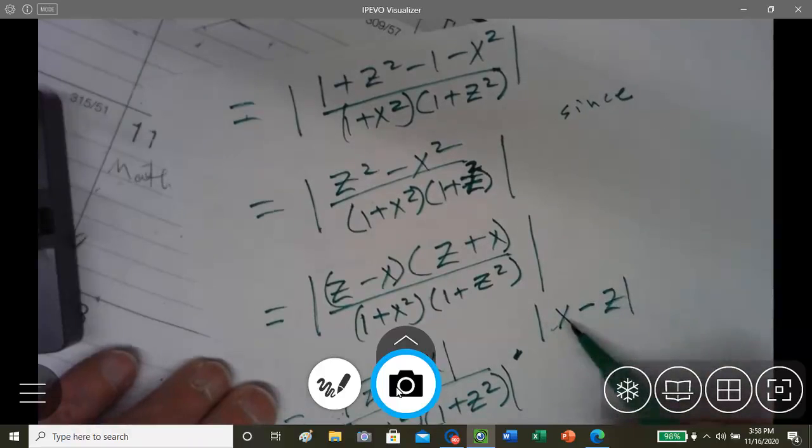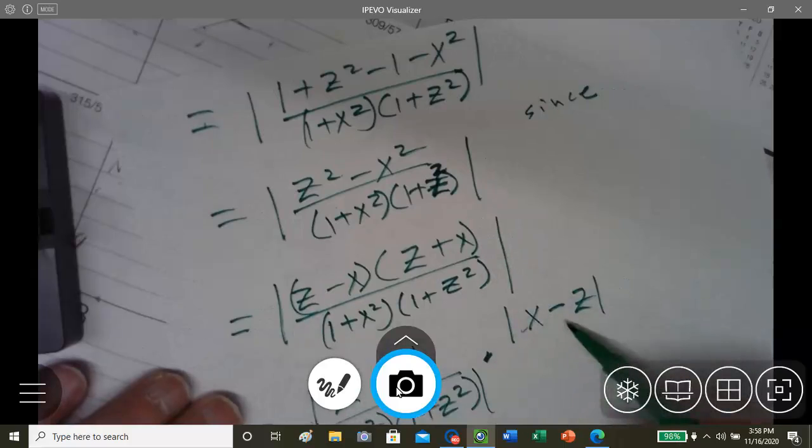And we've already established that z minus x is the same as x minus z.